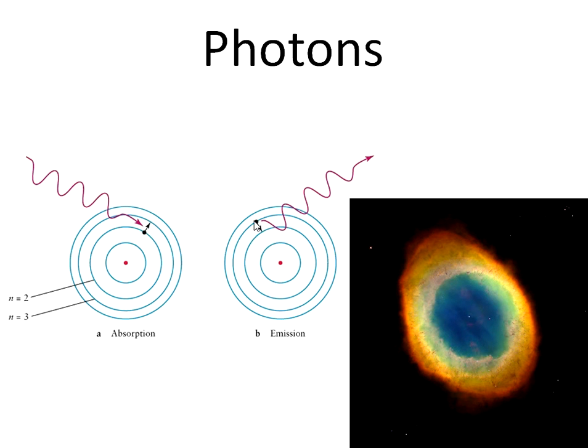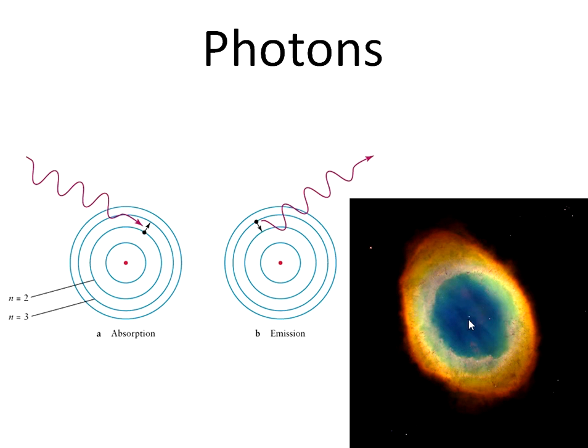Once that electron is in that higher energy state, it is going to very quickly transition back down to lower energy states. And every time it transitions back down, it re-emits a photon of light. So that is the way that light and atoms interact with each other, through the exchange of these particles of light, photons. And that's actually what we're looking at right here in this photograph.